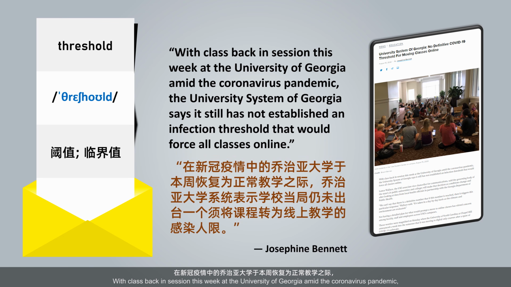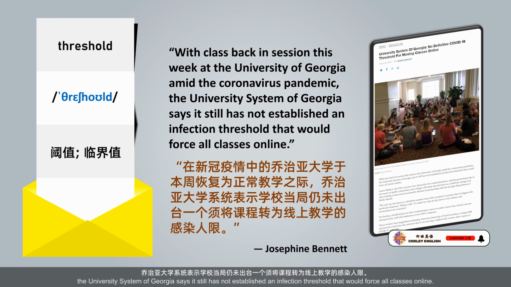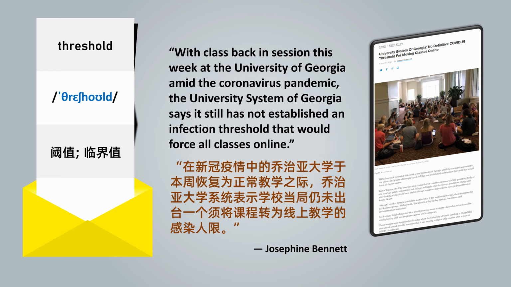With class back in session this week at the University of Georgia amid the coronavirus pandemic, the University System of Georgia says it still has not established an infection threshold that would force all classes online.